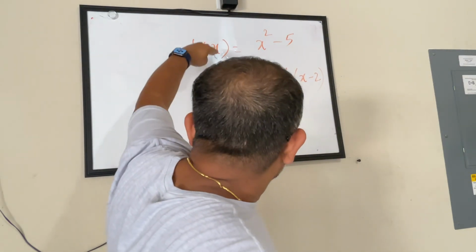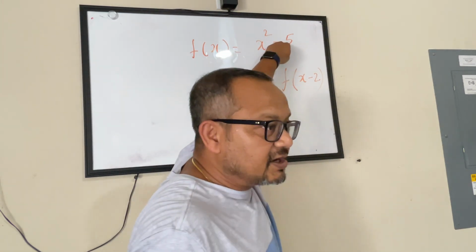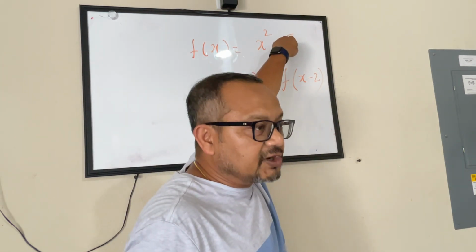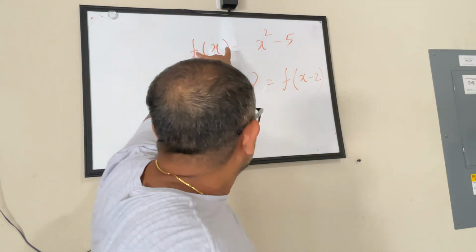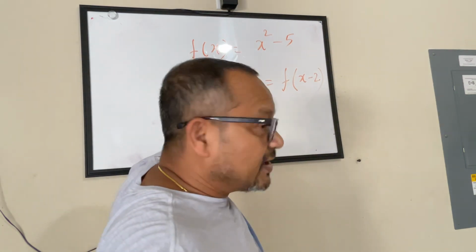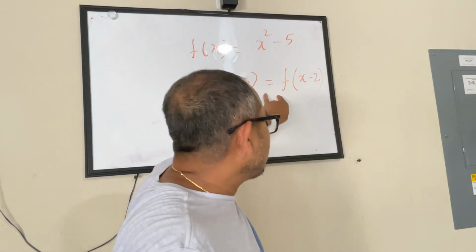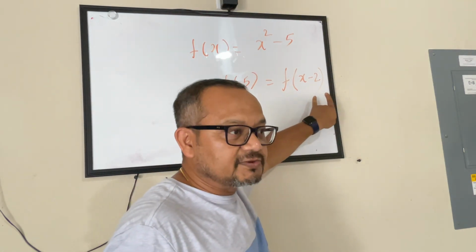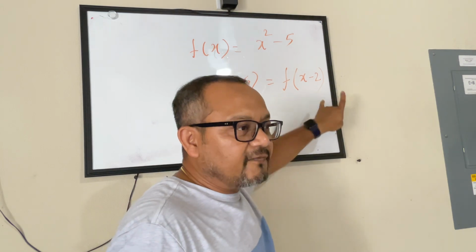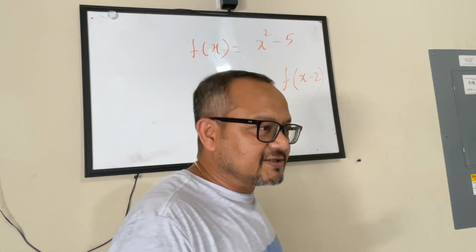Meaning, this gives another condition to you, saying for this function, the function for the value of 5 is equal to the function for the value of x minus 2. Find out the value of x.